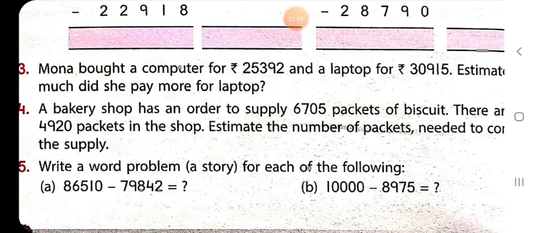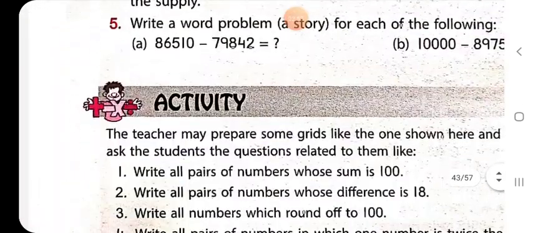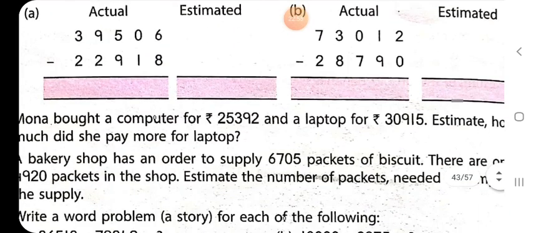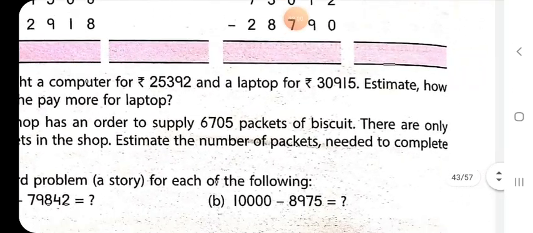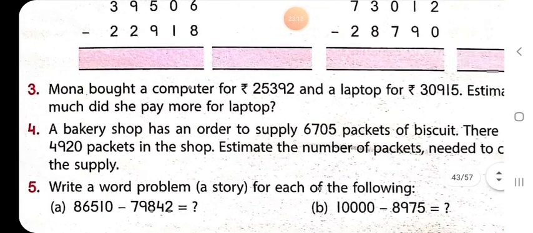The second line will be the cost of laptop, which is 30,915. So these are the two costs. Now in the third line, we have to find the estimated money that she paid more for the laptop. We have to find only the estimated value, not the actual value. So let's start.